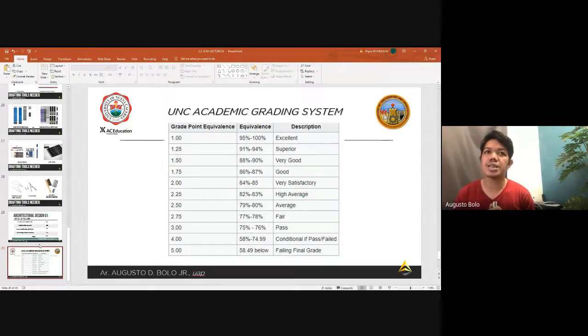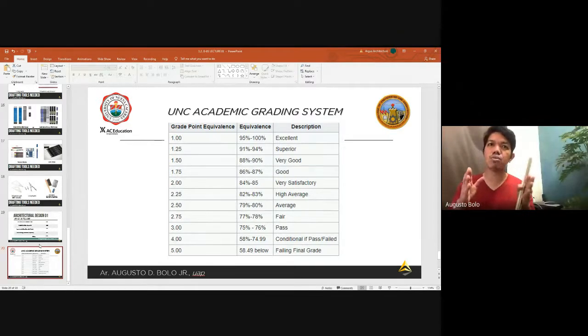Sa case ng UNC ngayon, since pandemic, the approach of the academic council of the university is, as much as possible, we did not give 5. Pag ganitong condition mo, for as long as nagkaroon ka ng chance, ang ibibigay sa iyo is IP, meaning in progress.